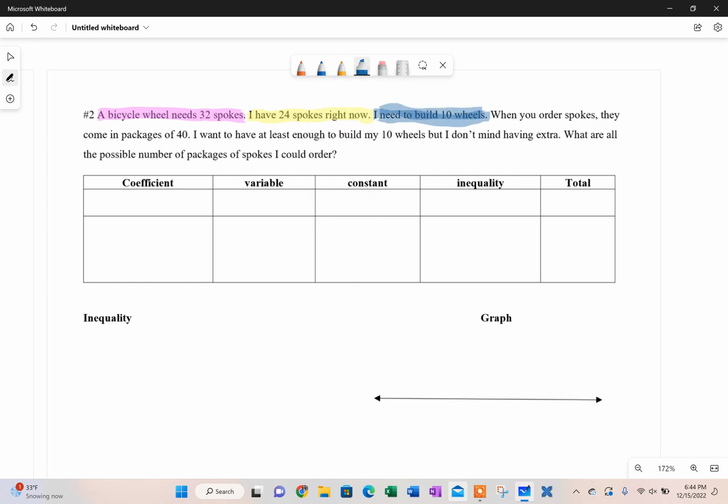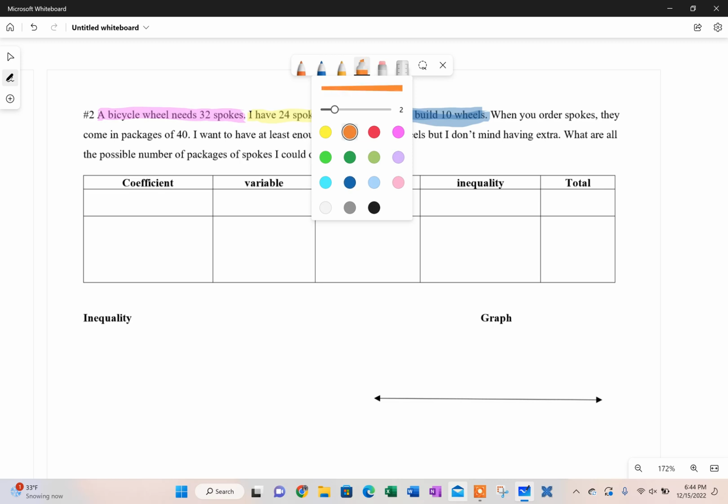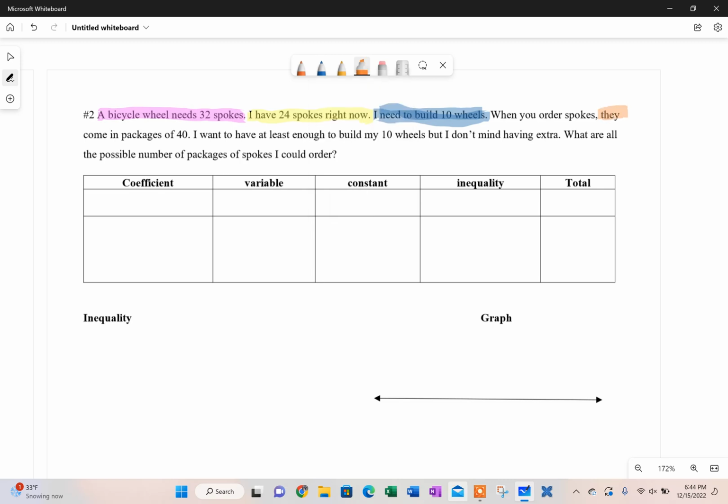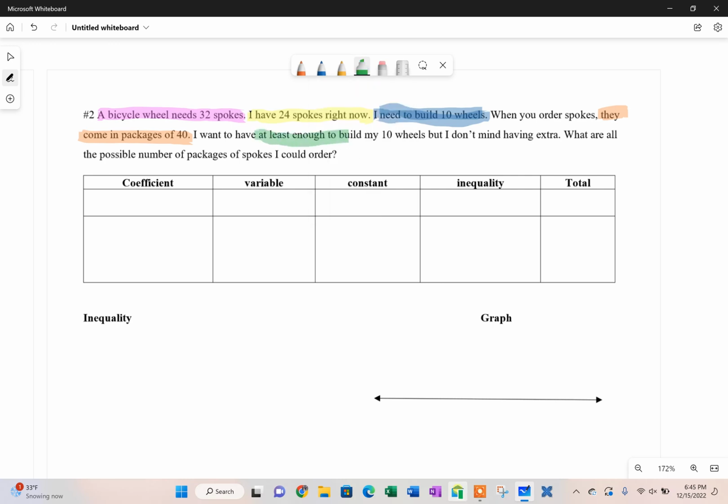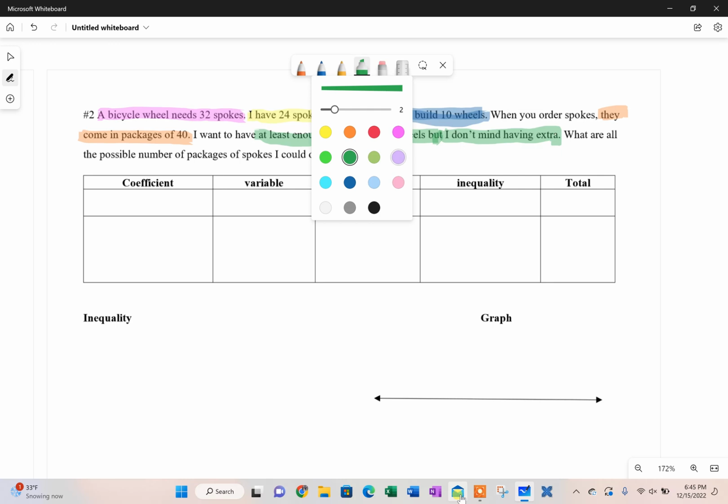When you order spokes, you have to get them in packages of 40. All right, so they come in packages of 40. I want to have at least, there is a keyword, enough to build 10 wheels, but I don't mind having extra. Okay. What are all the possible number of spokes I could order?